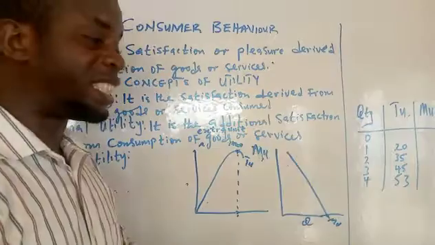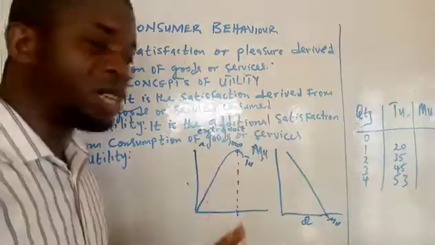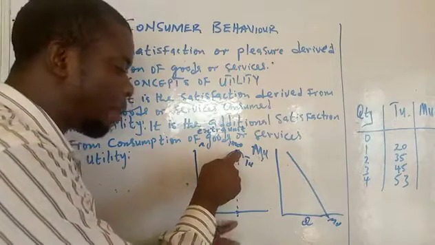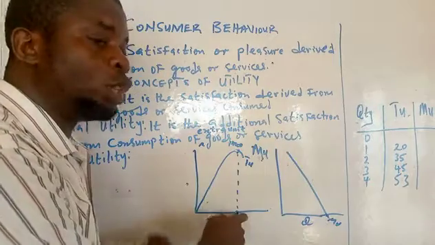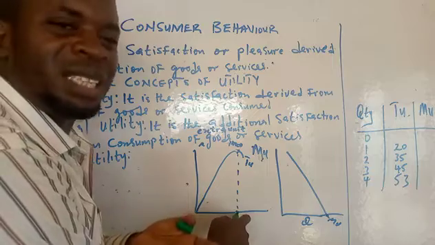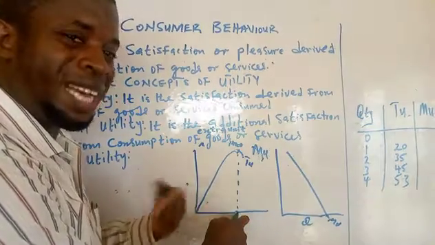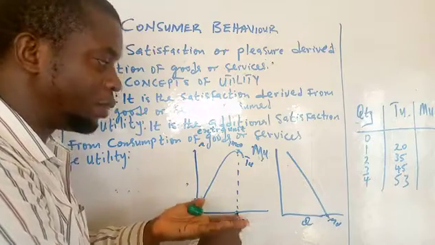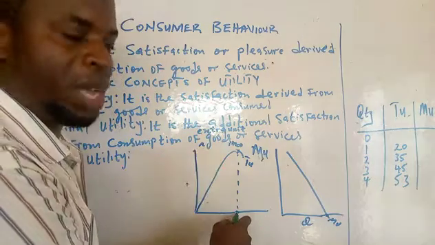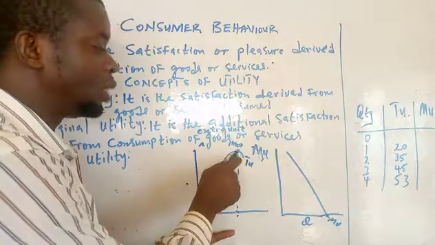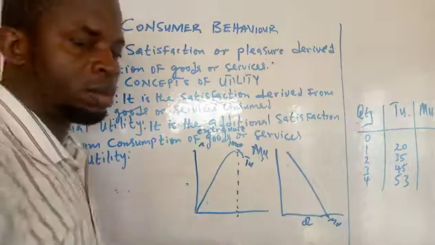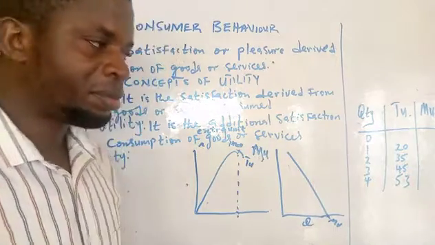If you want to force it when you are absolutely satisfied, that is the point. It means at that point your marginal utility is what? 0. You don't get any additional satisfaction. That is the meaning. Another way to say nothing is 0. So you don't get any additional satisfaction at this point. If you take more, it can cause you pain. So when it causes you pain, the total utility means what? It falls down. Can you understand that?